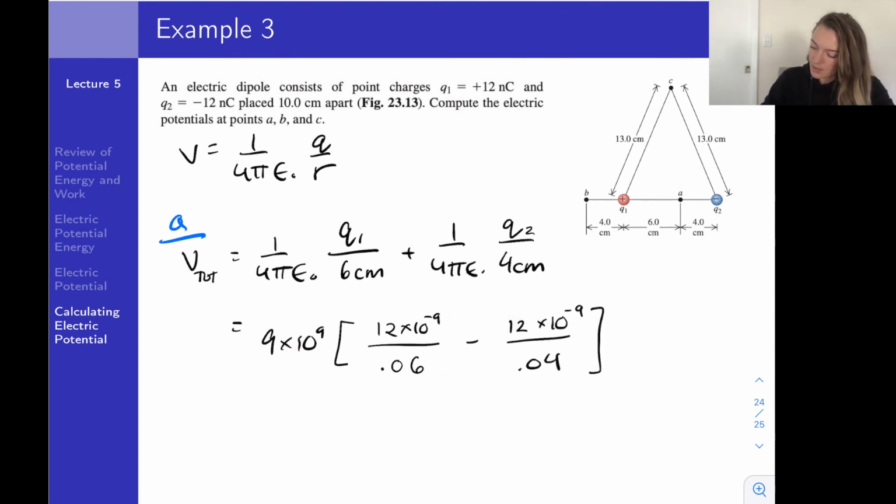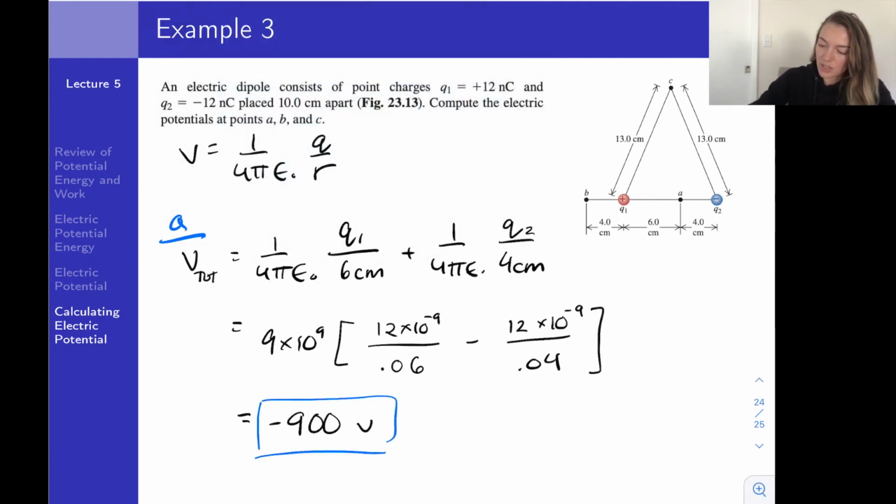So we just plug this into our calculator, and for point A, this comes out to negative 900, and our units are volts. So at point A, the potential is negative 900 volts.